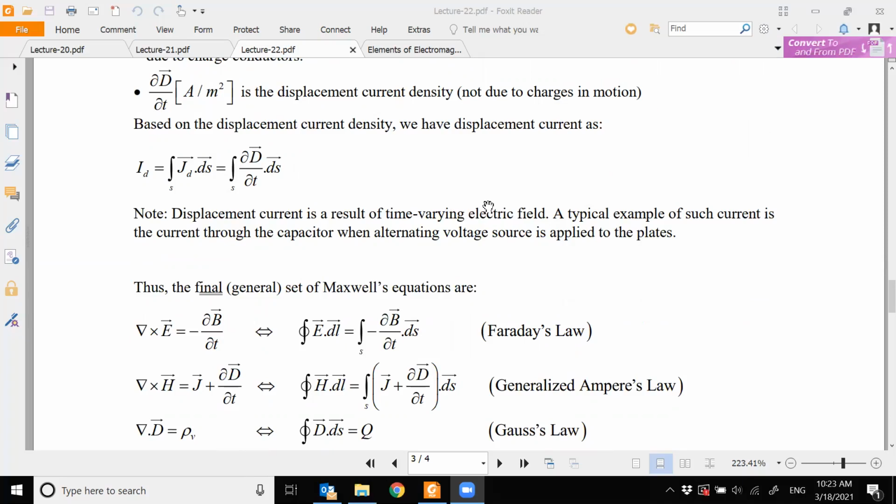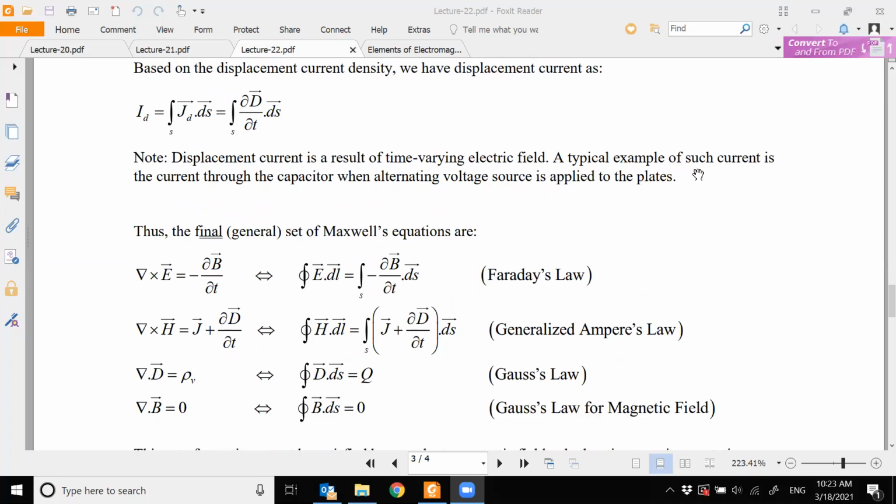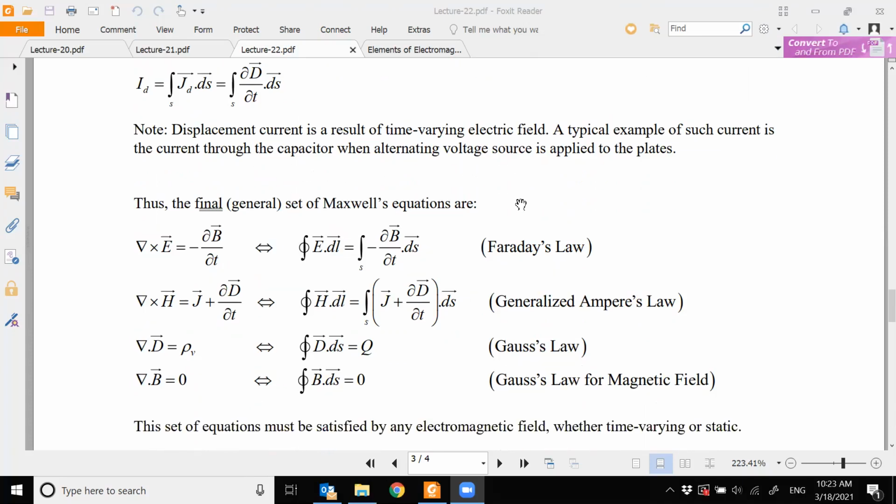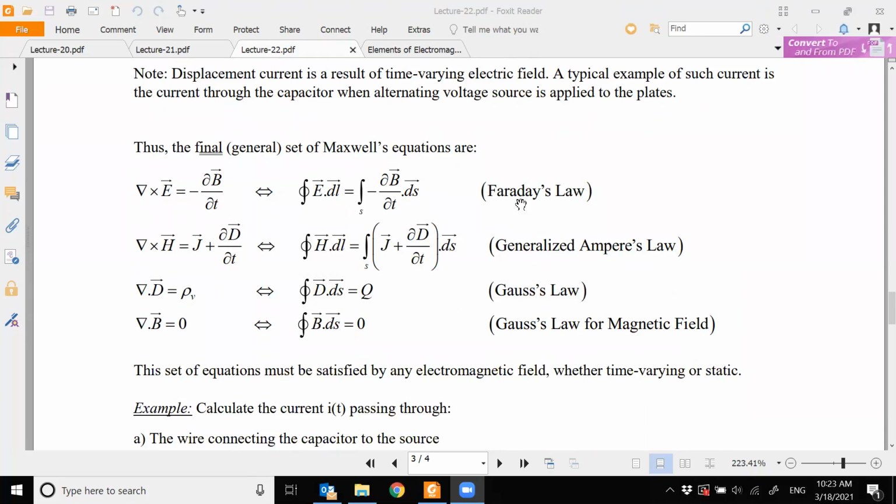A typical example of such a current is the current passing through a capacitor when a voltage is applied to it. And this is how the current passing in a circuit with a capacitor is explained.